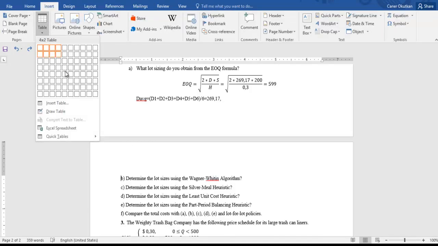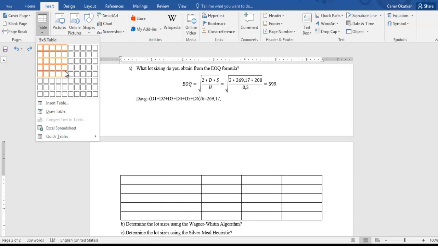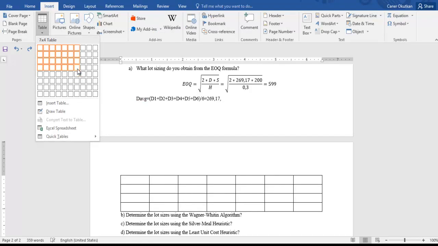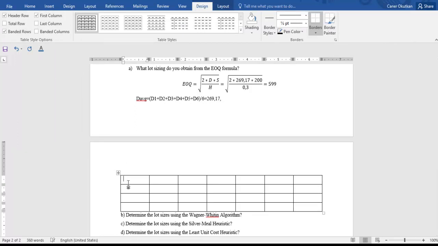Insert table, this is about week, this is about requirements, this is about production and inventory.